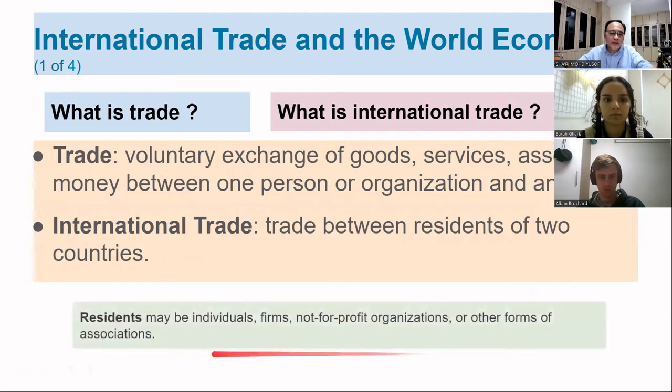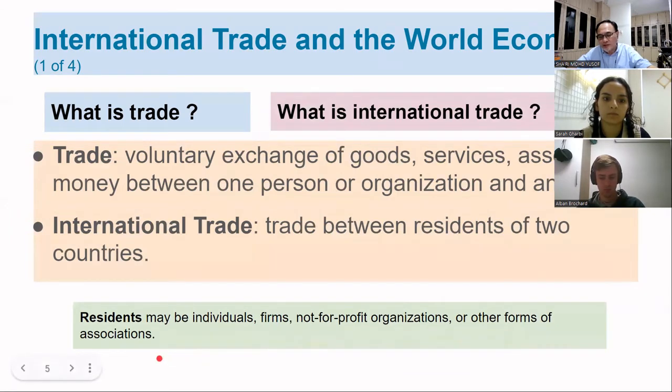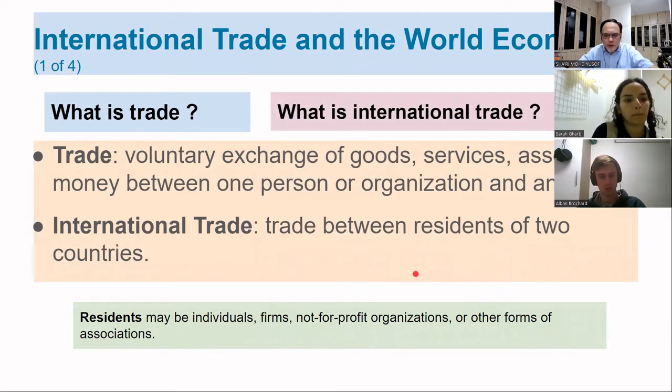Residents may be individuals, firms, or not-for-profit organizations, or other forms of associations. Universities also have international trade, in terms of education services.